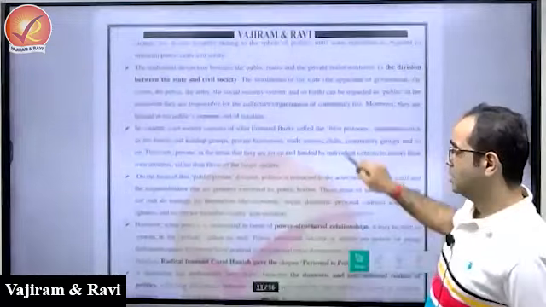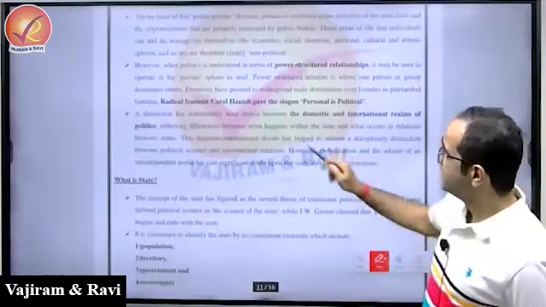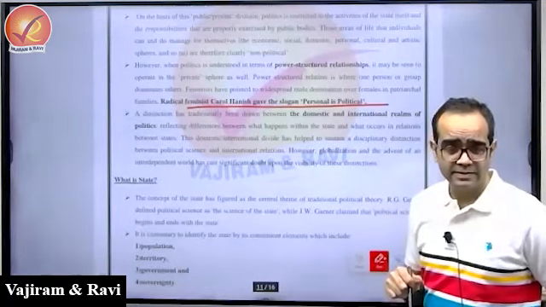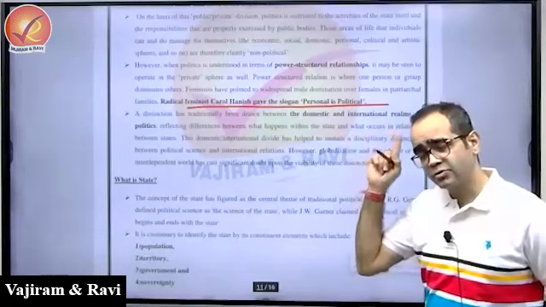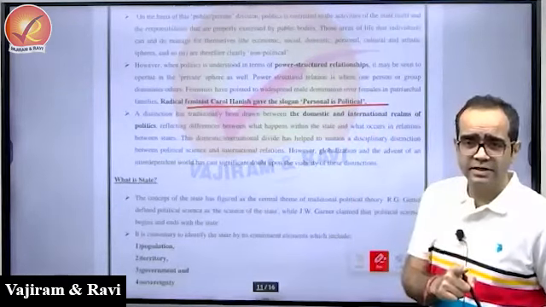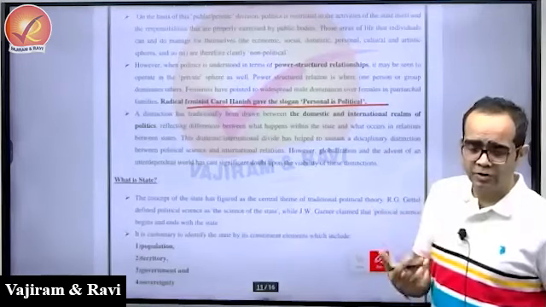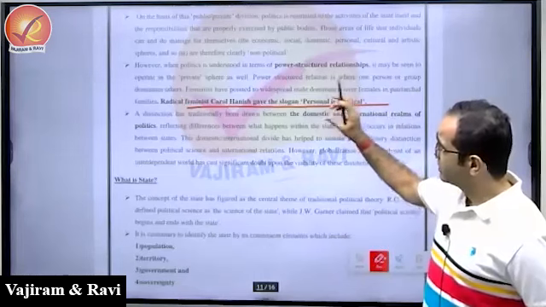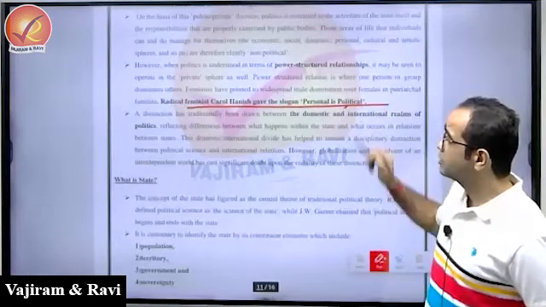And radical feminists gave the slogan, personal is political. Radical feminists question this traditional separation. They say it is not just that the public sphere is political and the private sphere is not, but the personal sphere is also political.